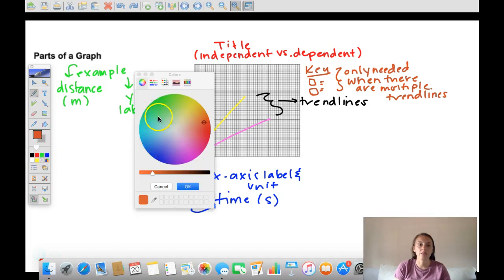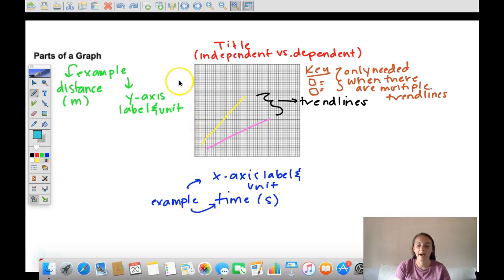The last thing that you need in a graph is actually the most important. You must have a scale, and those represent the numbers used in your raw data. And the scale doesn't necessarily have to be the same on the x and y axis, but it has to start at 0, 0.